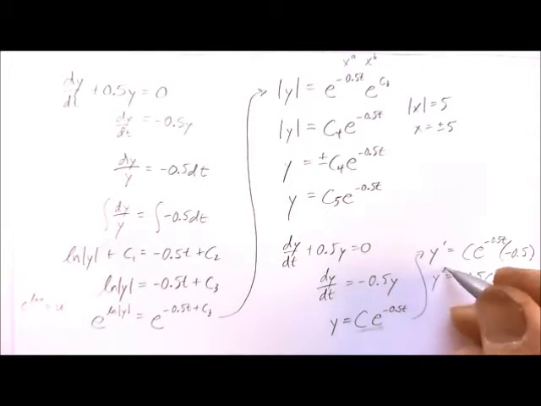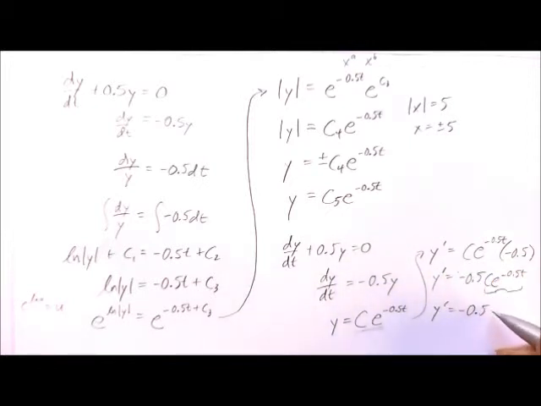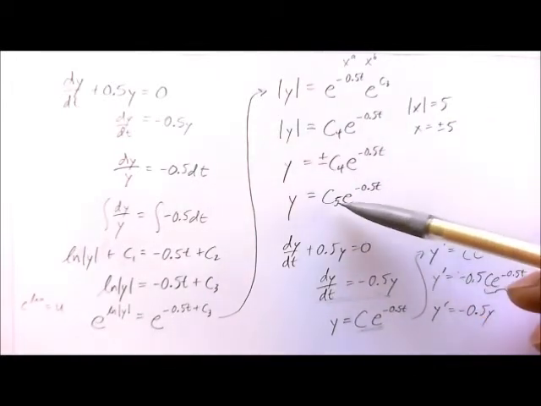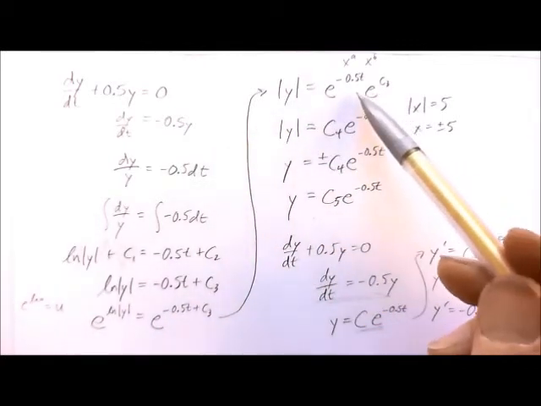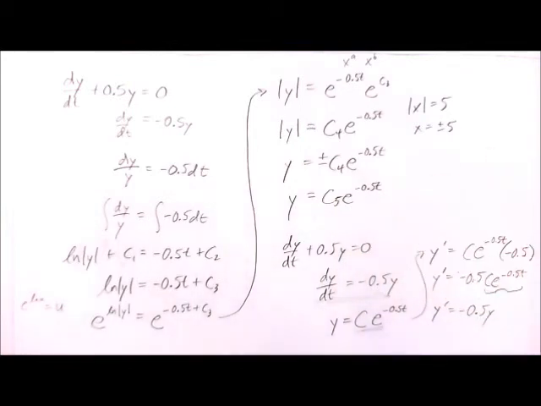So y prime equals negative 0.5y, and that's what our differential equation was when we moved that over to the right side. So we knew that before from our previous discussions, but this shows why the constant ends up being multiplied. Initially it is a plus c when you first integrate, but because of these properties of exponents, it ends up being a multiplication in the end.